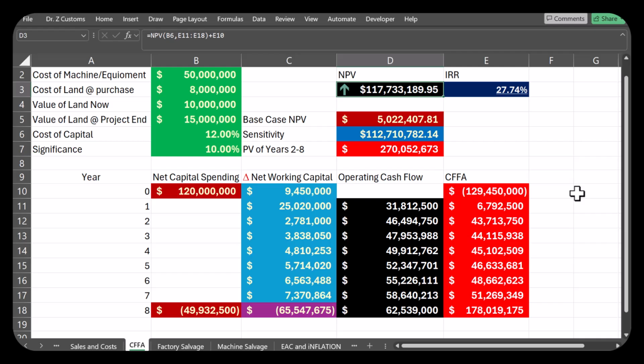If someone told me all of this ahead of time, I would have said, I'm going to make 117 out of this, 117.73.